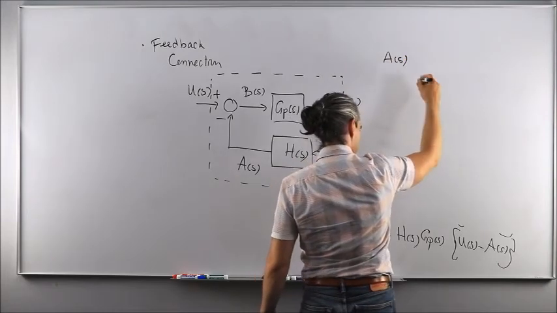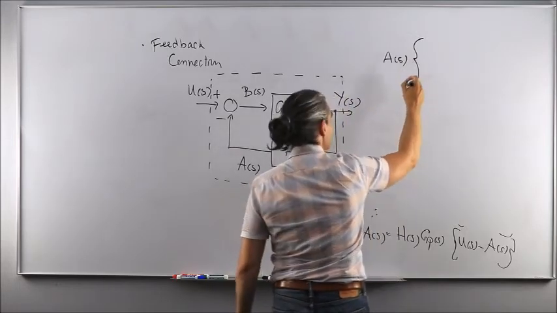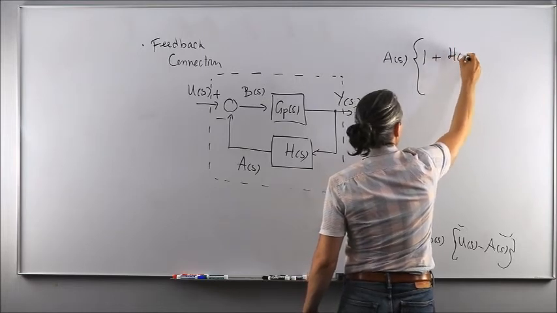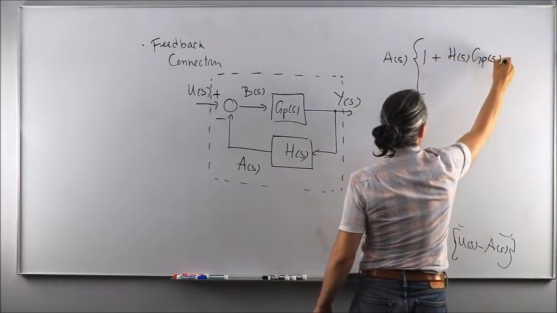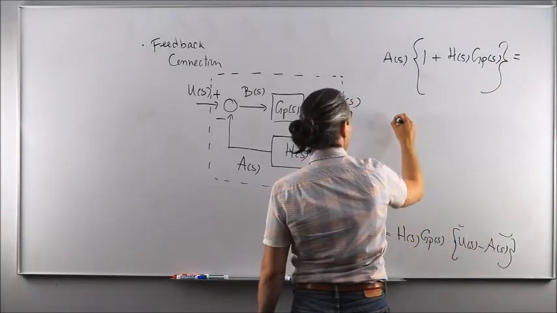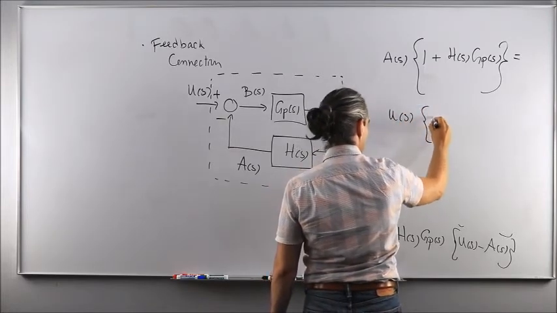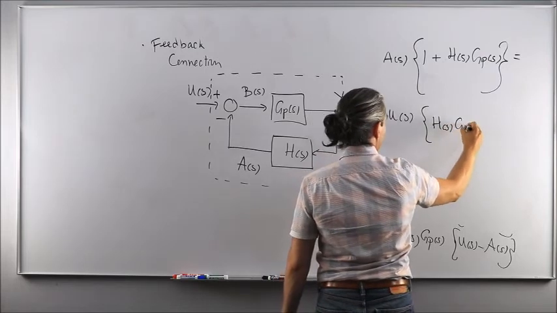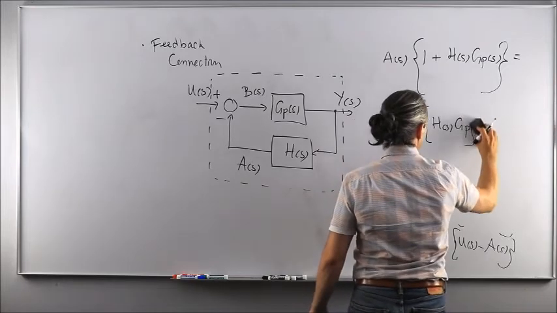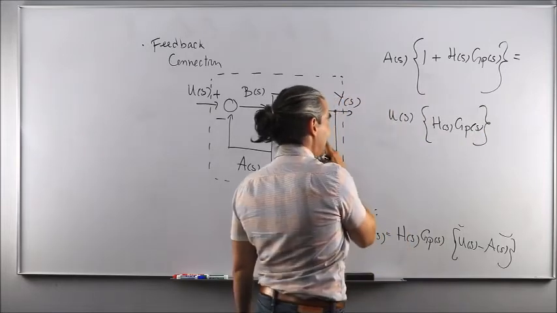A of s, I'm going to pull all my a of s on the same side to write that it is going to be equal to 1 plus h times gp, close the bracket, and all this equal to u of s, and multiplies h with gp of s. Over here. Okay?